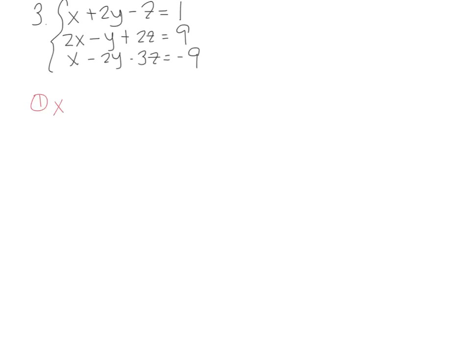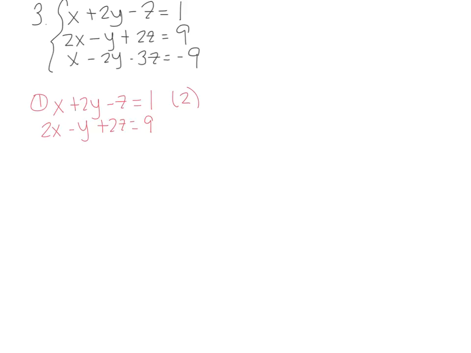I have x plus 2y minus z equals 1. 2x minus y plus 2z equals 9. And I'm going to multiply that top equation by 2 to get the z's to eliminate.